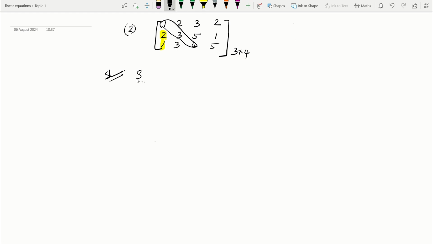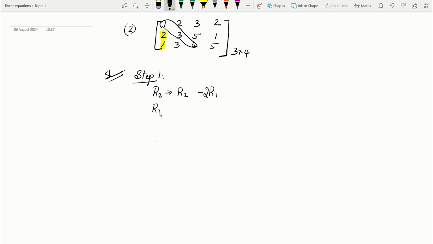Now see the diagonal elements: first row first column, second row second column, third row third column. Below the diagonal elements I have to make zeros. What is my aim in the first step? My aim is this, correct? This I have to make 0, this I have to make 0. This is my first target. So this is my step 1.